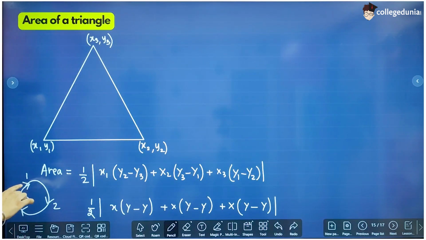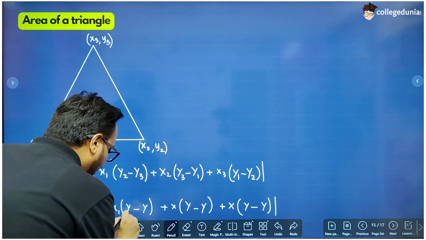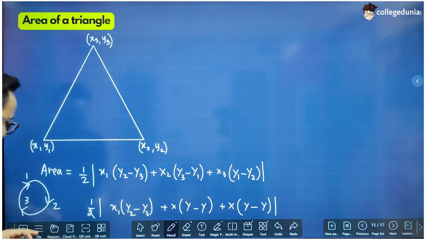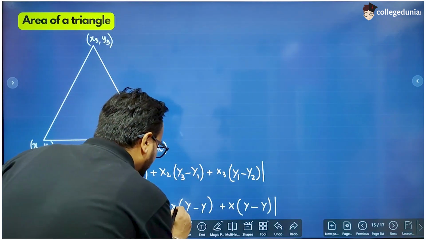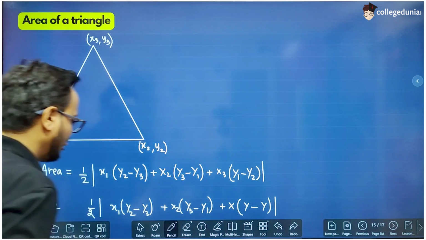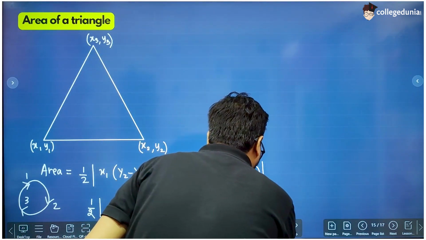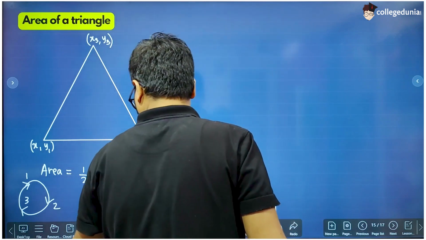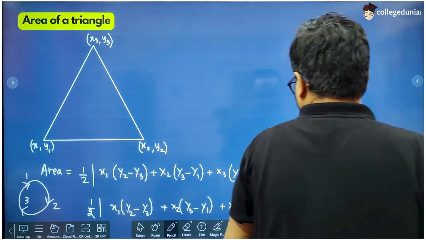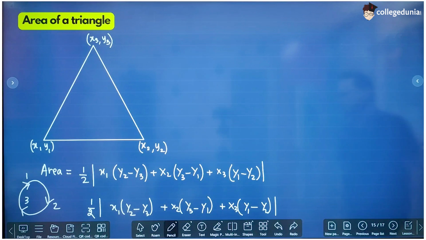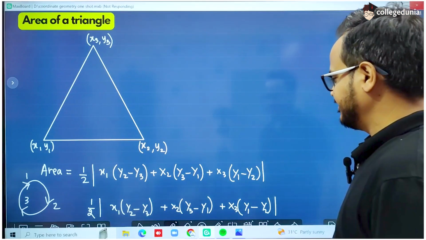Now starting with 1, write the three numbers in cyclic manner: 1, 2, 3. Now starting with 2, write them again in cyclic order: 2, 3, 1. And now starting with 3, again write them in cyclic order, that is 3, 1, 2. And this becomes your formula for area of a triangle, right?